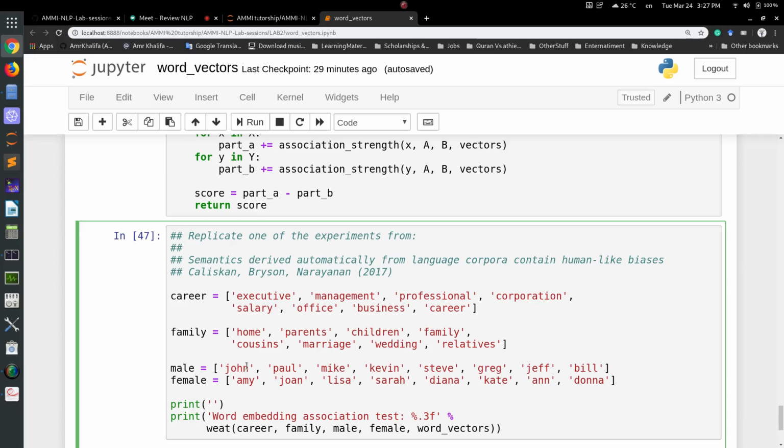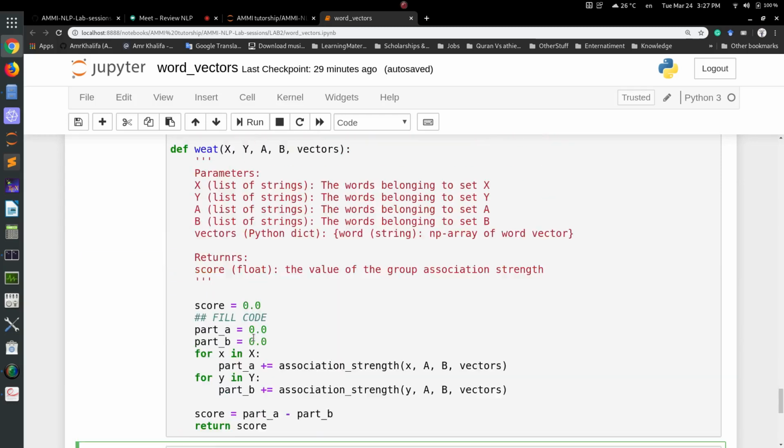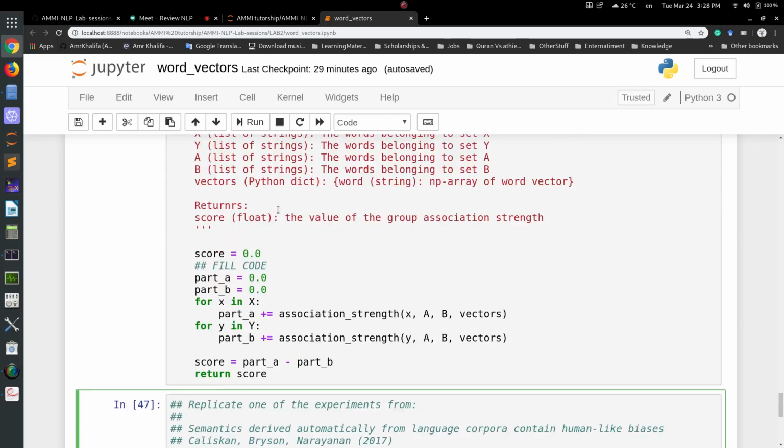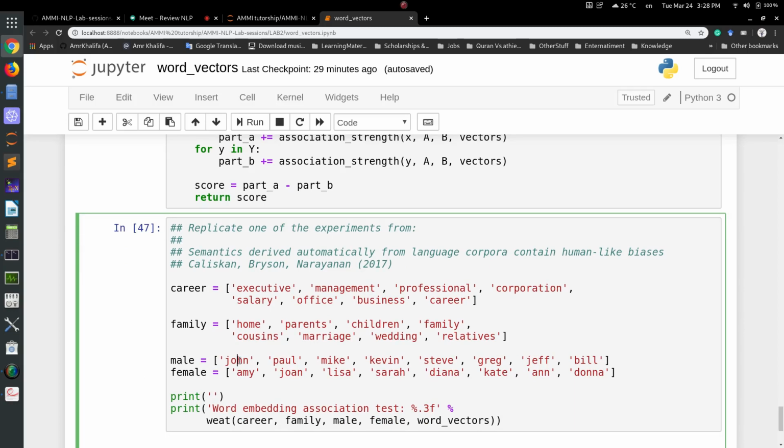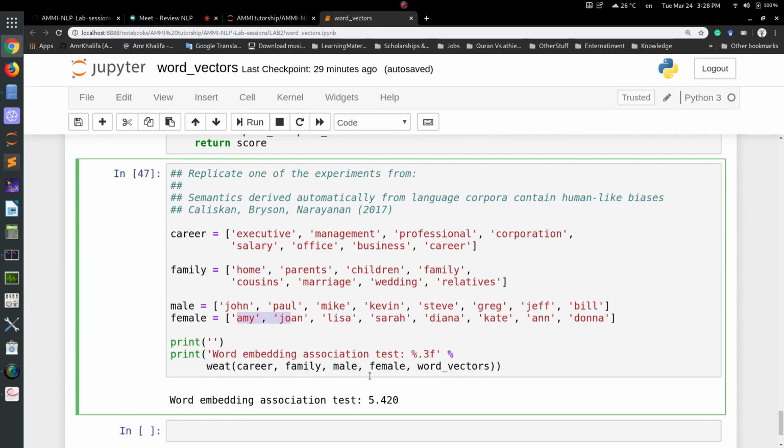We checked if there's a difference for each word with respect to the attributes of the two groups. This is what we've done here, and we did this for all the words inside both the male names and the female names, and the value is 5. That's a large value, which means that there is a difference.